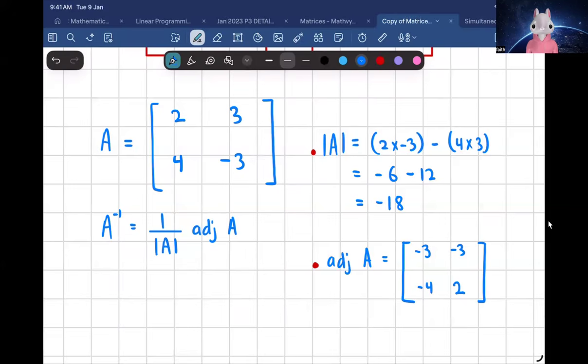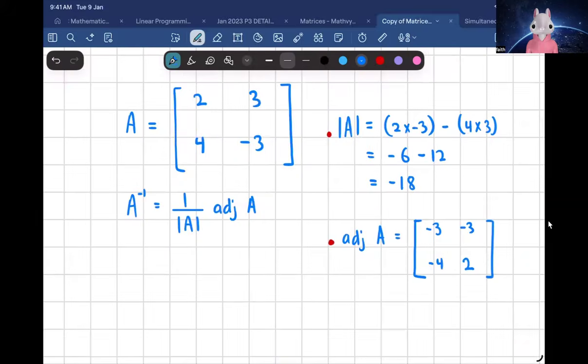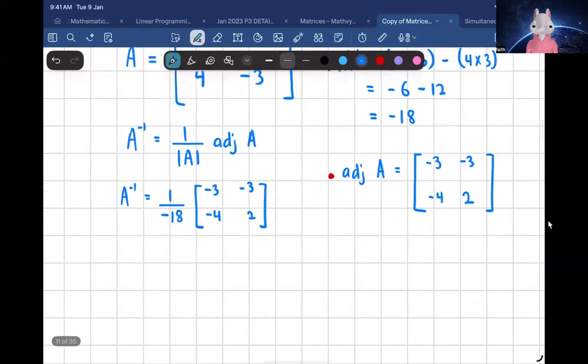All right, so now to find the inverse, we just multiply. A inverse is equal to 1 all over -18, because that's the determinant, multiplied by the adjoint, which is -3, -3, -4, 2. Look how we do this.